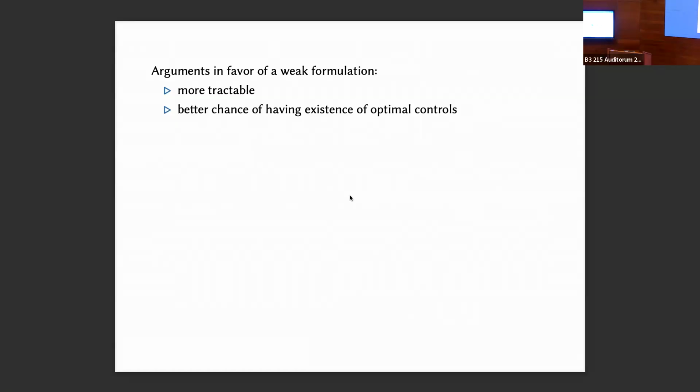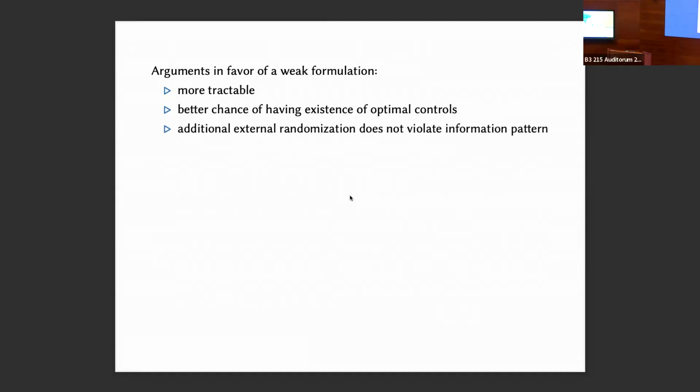If I'm doing some kind of weak formulation, which, as I said, could mean something like you choose your probability space and the Brownian motion and the filtration as part of your control, that even enhances the chances that you can prove existence of an optimal control, because you just have more controls available to choose from, a richer class.